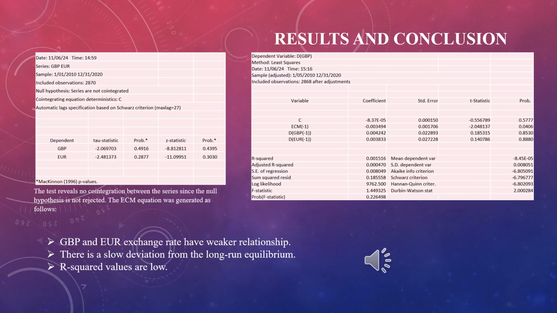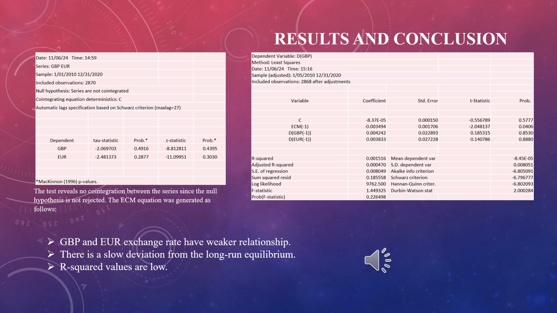Finally, in this slide, the cointegration for the EUR and GBP exchange rates is conducted using the Engle-Granger two-step cointegration test. From the test result, neither of the two series rejects the null hypothesis of no cointegration.